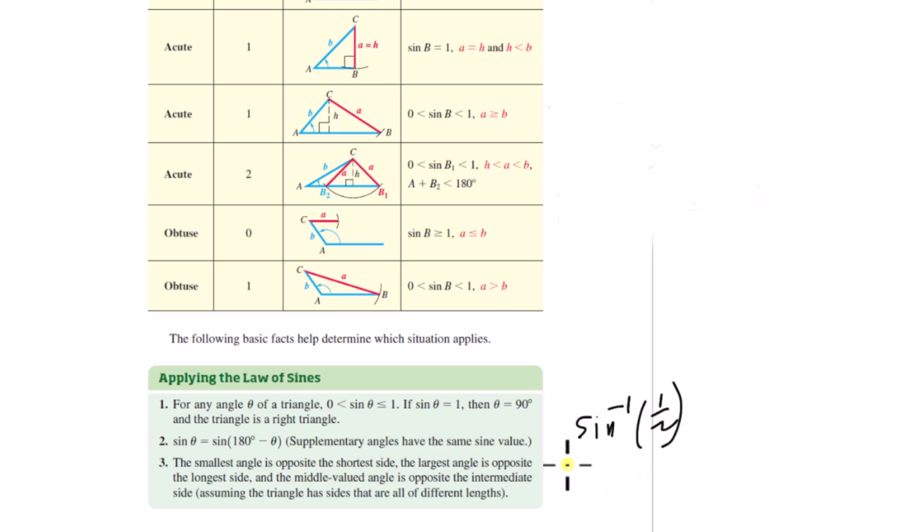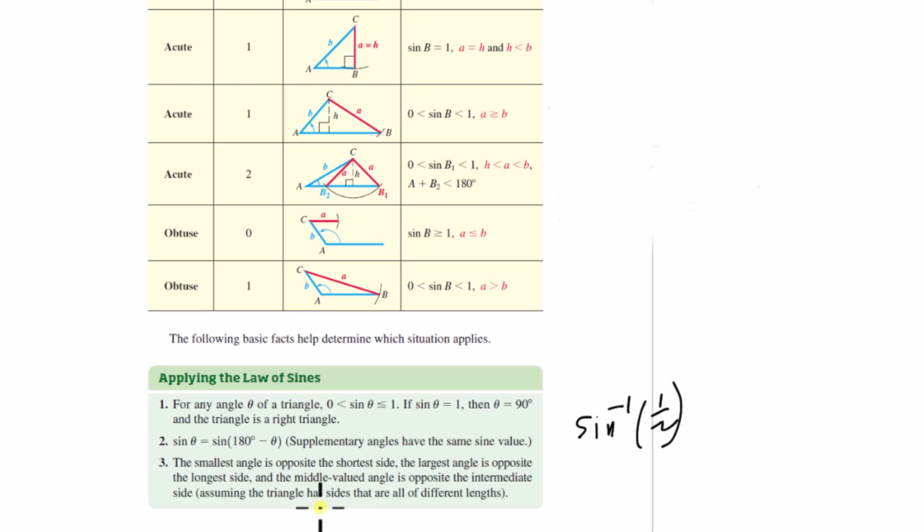You're always going to get an acute angle out of the inverse trig function. If you want to find the other angle that answers the question, you can go through the full thought process of analyzing the inverse sine function, or you could just say 180 minus that angle, boom, you got it. Because you know it's going to be in quadrant 2, and it's a result of supplementary angles having the same sine value.